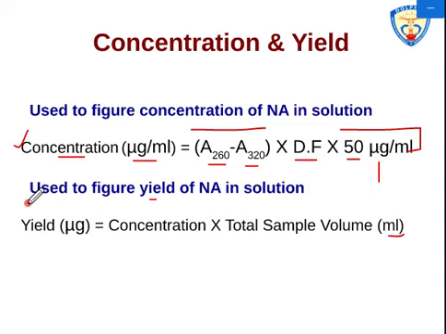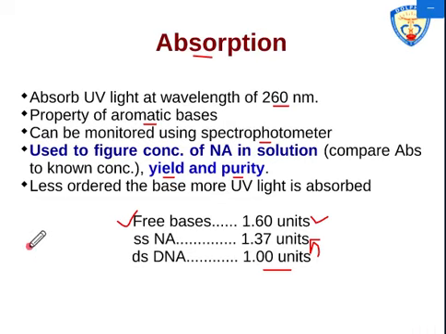Now suppose you have an unknown concentration of DNA and you need to find out the concentration of that unknown DNA in the solution that you are provided. For this you will require a standard curve. Now what is a standard curve? On the x-axis you plot the concentrations, and these concentrations are known.